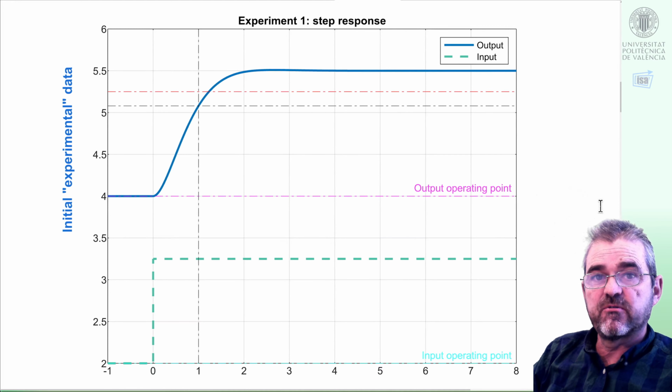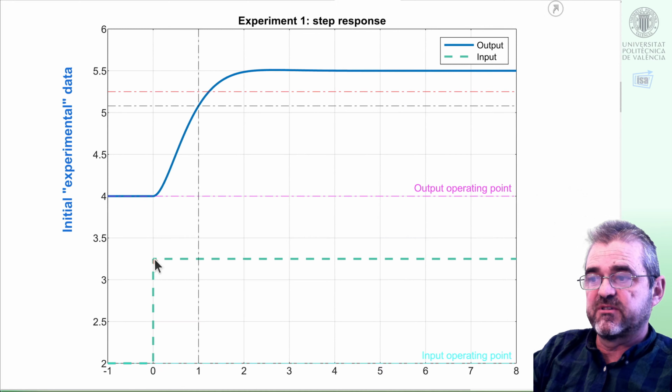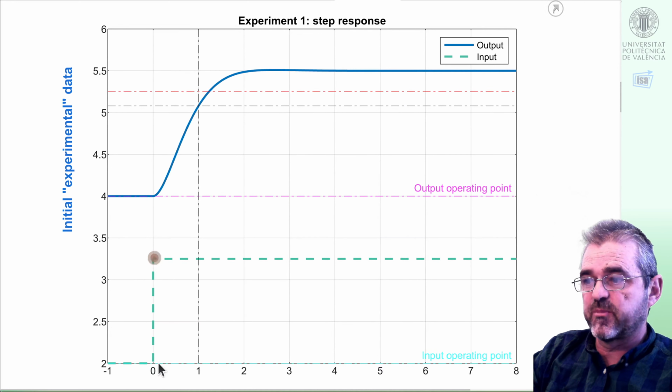The blue line will be our supposedly experimental data, in which I put a step of 1.25 in the input from an operating point of 2, and then I get a step response increment from an operating point of the output of 4 units that goes to 5.5.